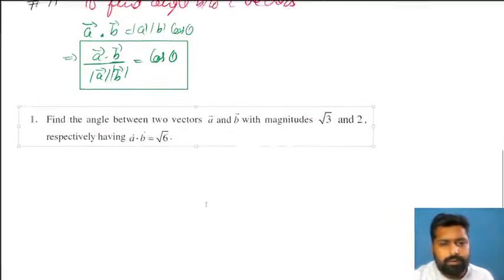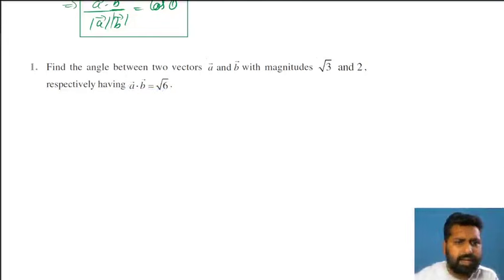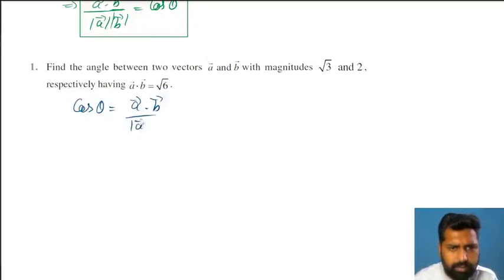All right, first question. Find the angle between two vectors whose magnitudes are given to you, and the dot product is also given to you. So it's a good thing, everything is given. So directly use the formula. What is the formula? Cos theta is equal to A dot B upon mod A mod B. What is A dot B? Root 6. What is the magnitude of A?